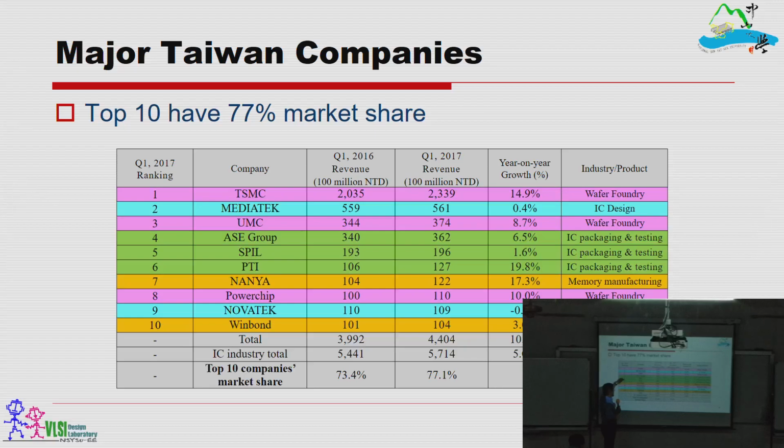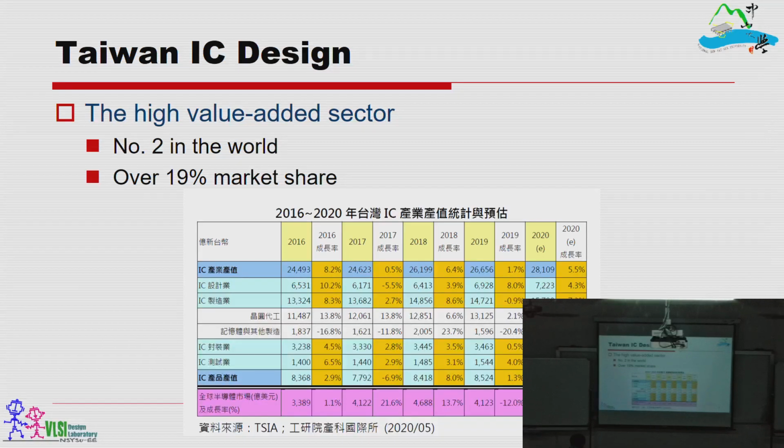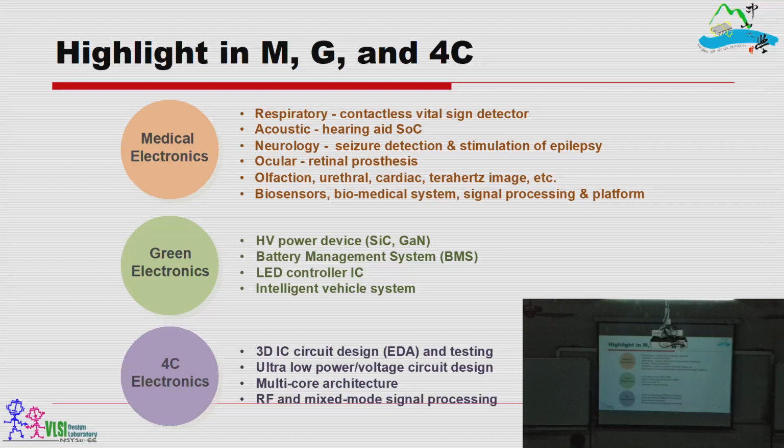And 4, 5, 6, they are all testing and packaging, the ASE. And number 7, this is a memory company. This is Power Chip, foundry. And Novatek, IC design again. Number 10, memory. So basically, foundry service, design, and memory. Top 10 companies. All right, we're going to skip this part.